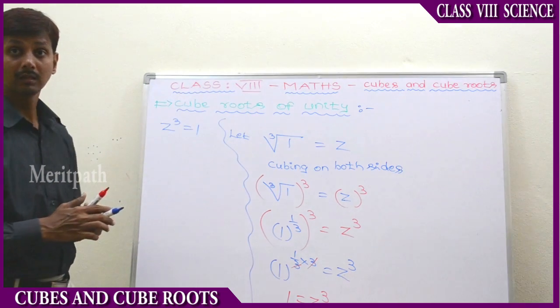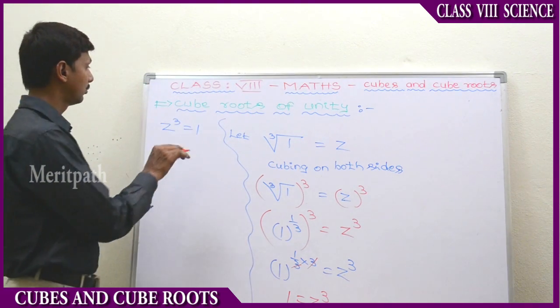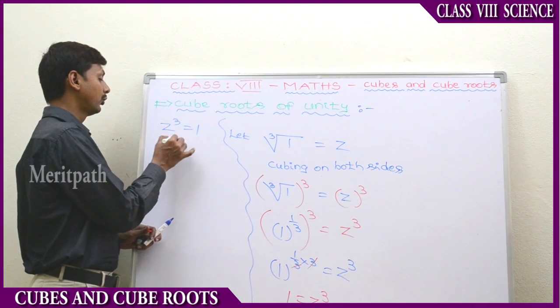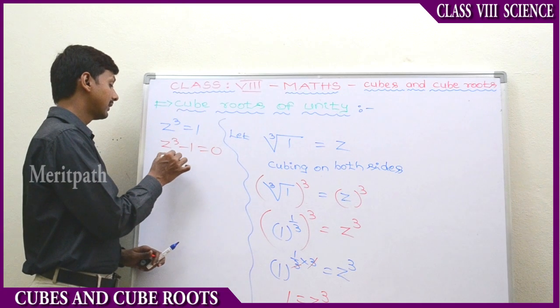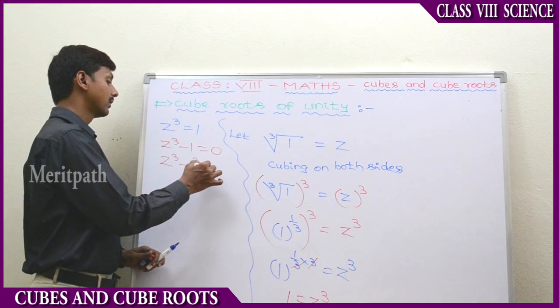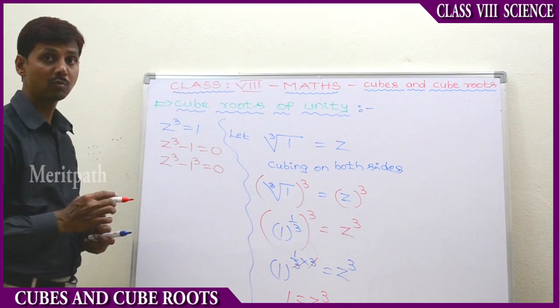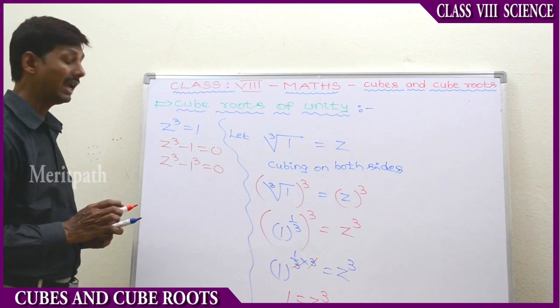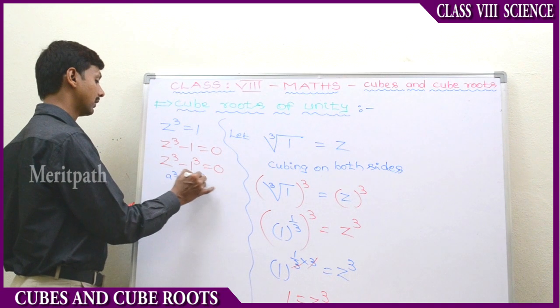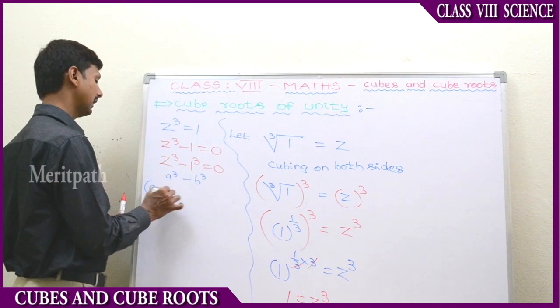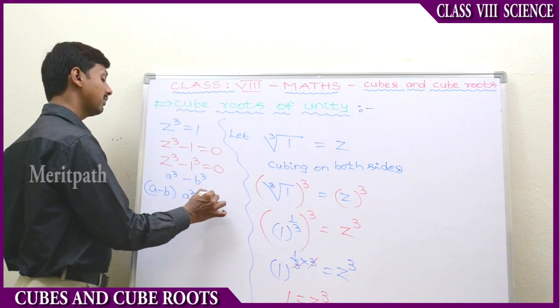To transpose this 1 to the left hand side, z cube minus 1 is equal to 0, and 1 can be written as 1 cube, so z cube minus 1 cube. We can observe one of the formulas here. It's in the form of a cube minus b cube. A cube minus b cube is the formula a minus b into a square plus ab plus b square.